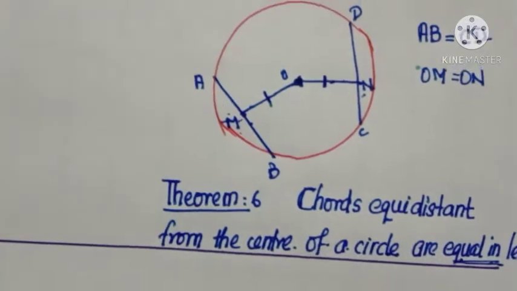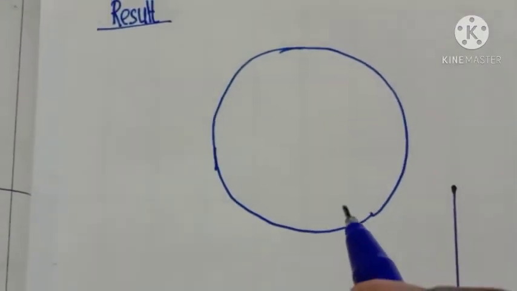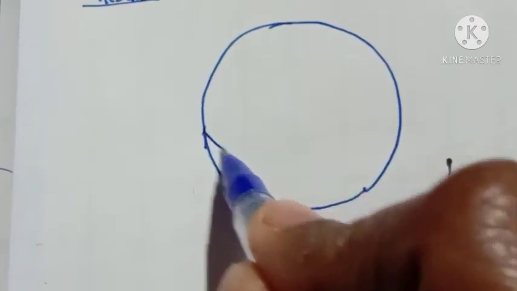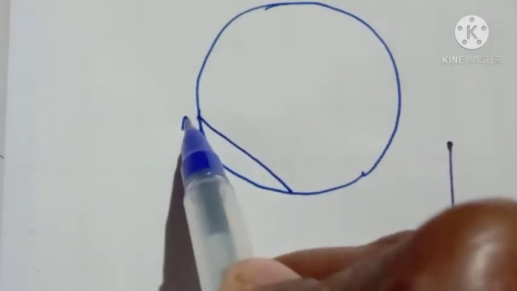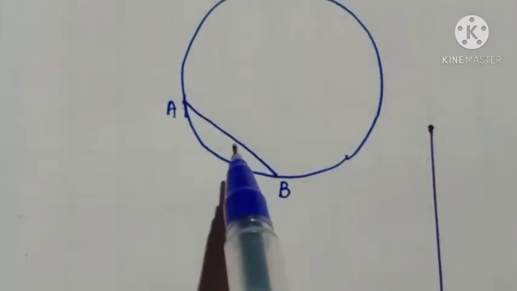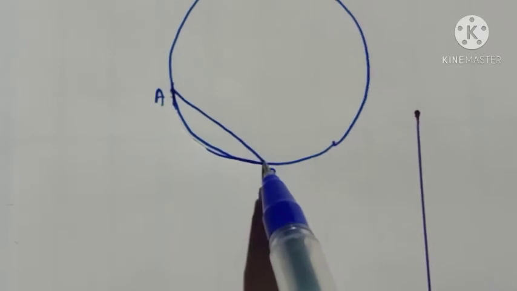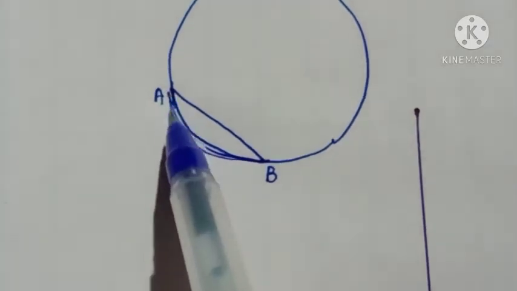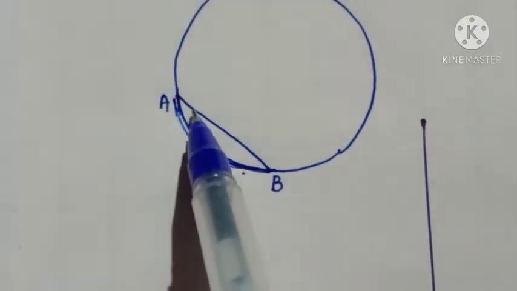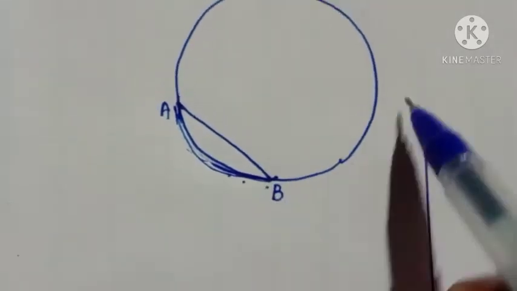Let's see a result. Suppose we have a circle, and there is a chord AB. This chord AB corresponds to the arc AB.